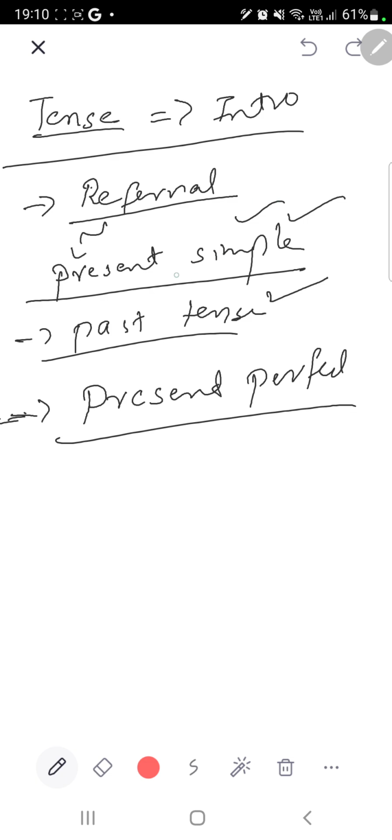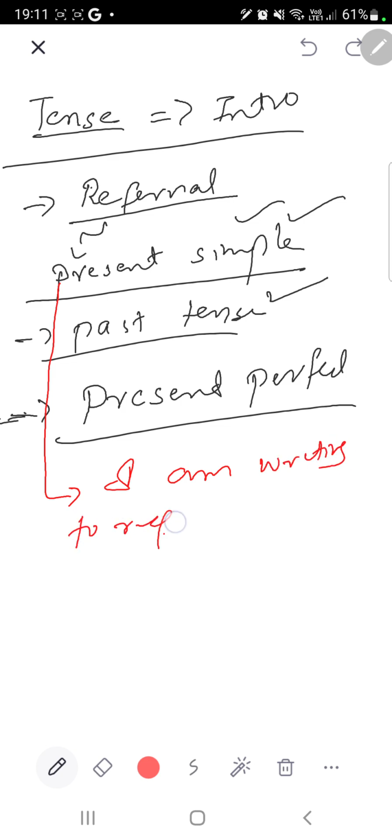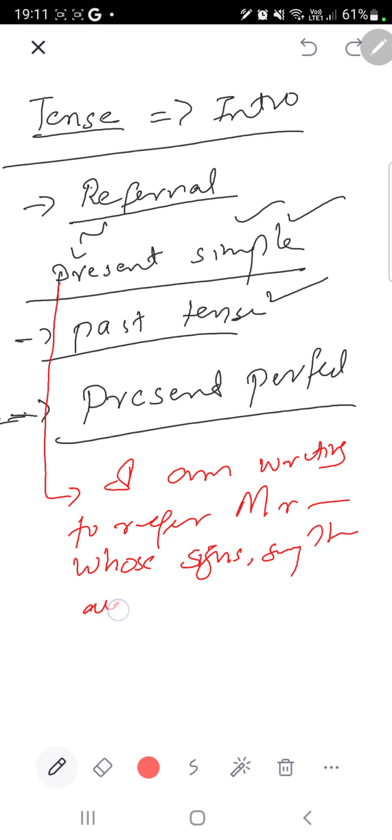What I mean by the condition: let's say, how we can use the present simple tense. I am writing to refer maybe Mr. or Mrs. X, whose signs and symptoms are suggestive of diabetes mellitus, for further management.